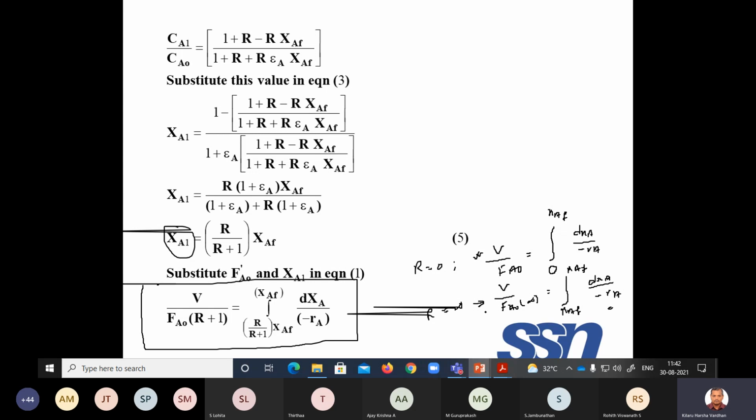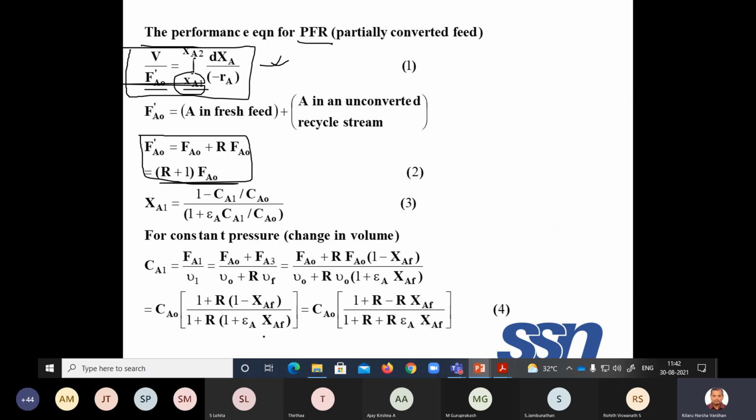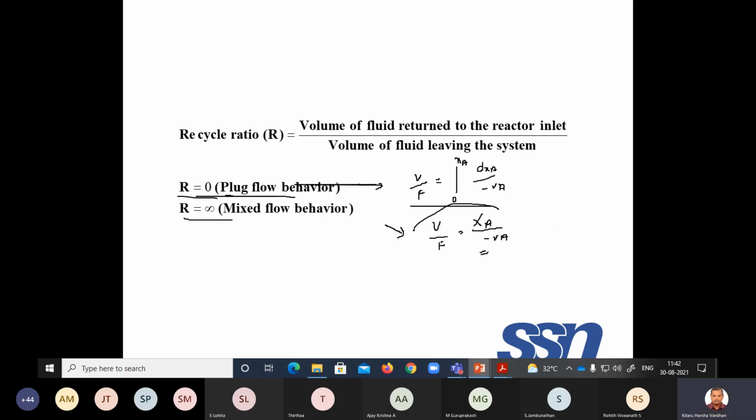It is just mathematical. It tests your integration, your mathematical fundamentals: how you convert this equation when R is infinite to this particular equation. This is what I want.